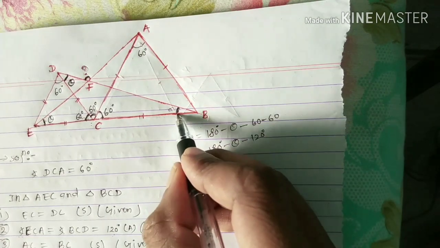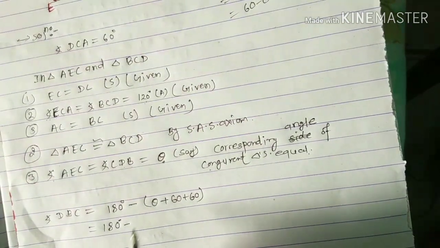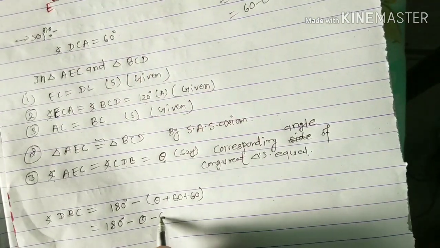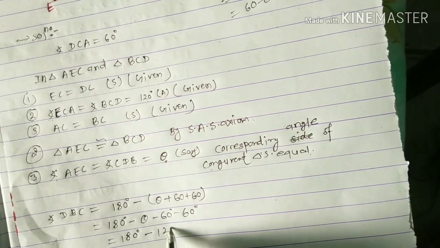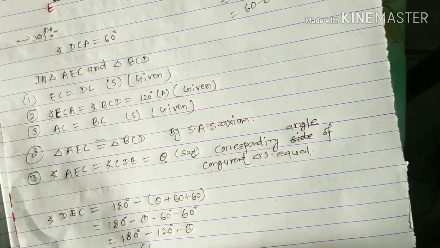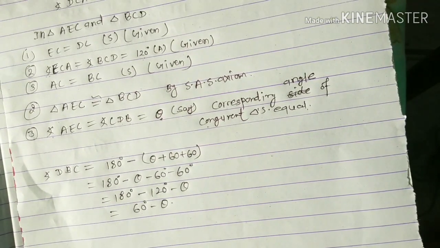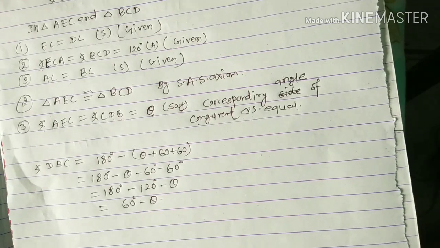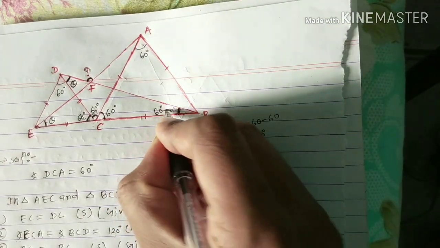So finally this angle is 60 minus theta. So we can write 180 minus 120 minus theta, that is equal to 60 minus theta. So we got angle DBC as 60 minus theta.